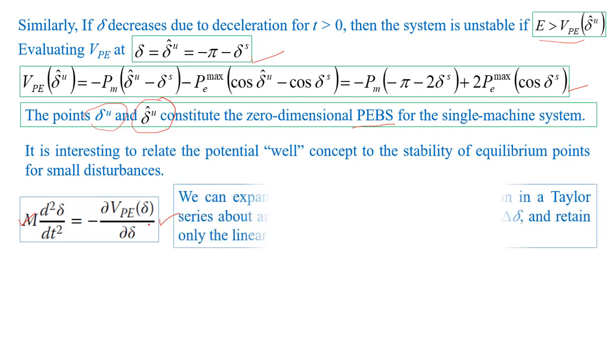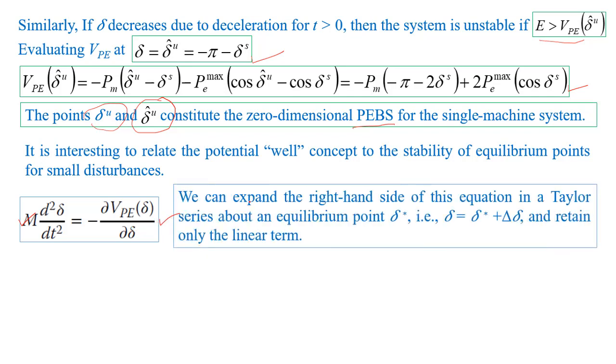We can expand the right hand side of this equation in a Taylor series about an equilibrium point delta star, where delta is equal to delta star plus delta delta, and retain only the linear terms.